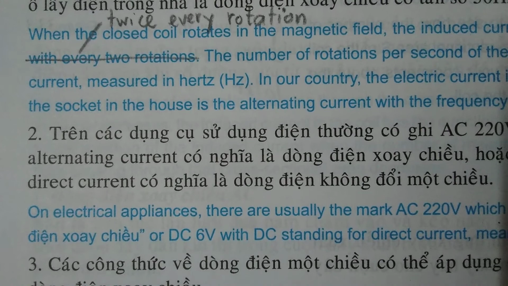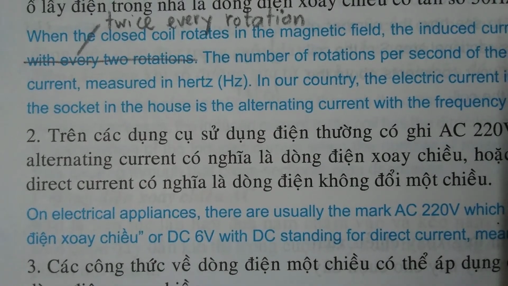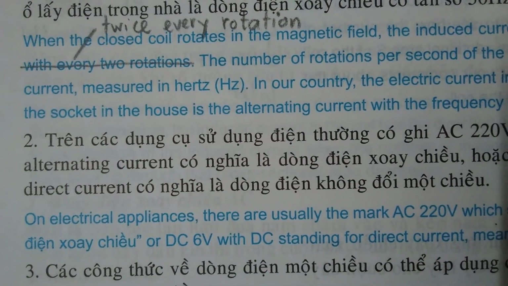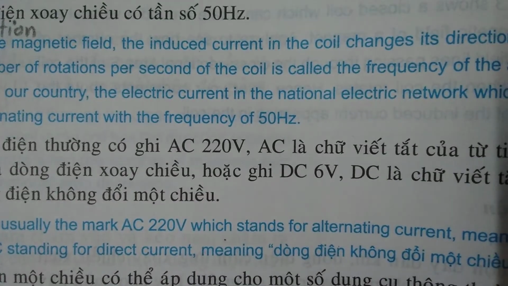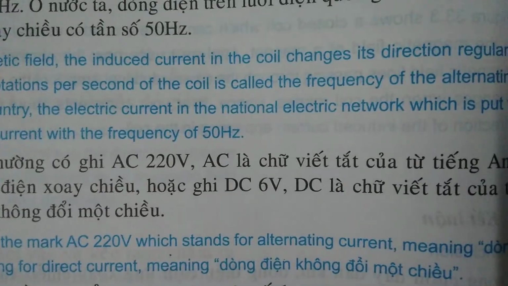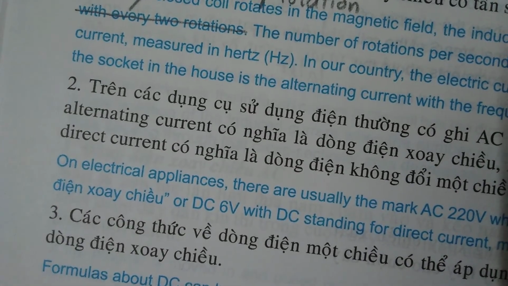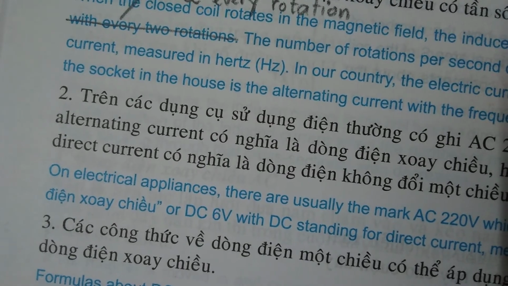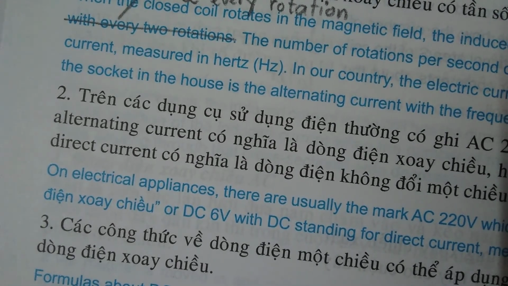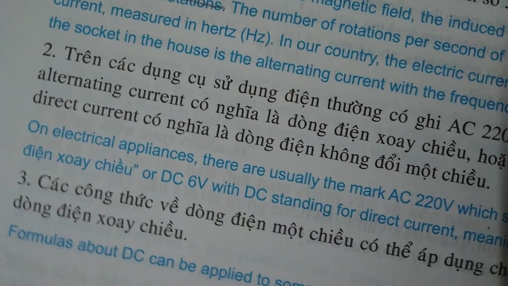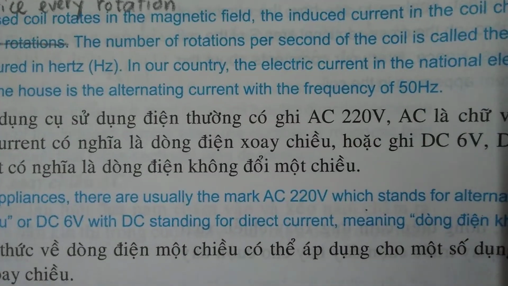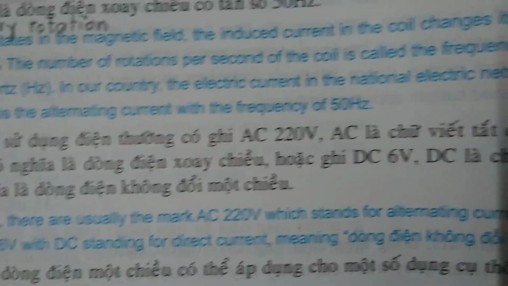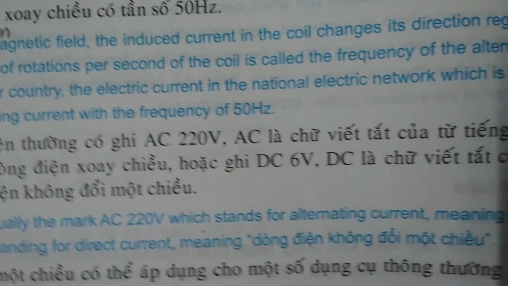On electrical appliances, they usually have the mark AC 220 volt, which stands for alternating current, or DC 6 volt, with DC standing for direct current, meaning a constant one-way current.